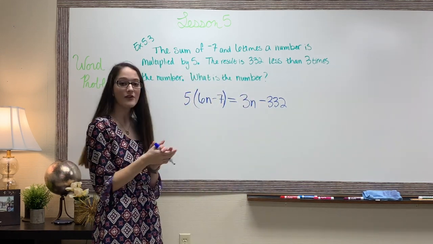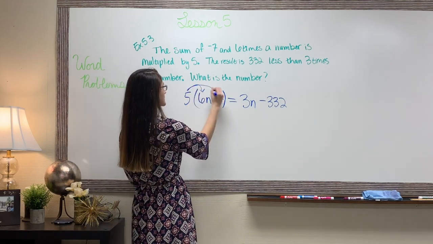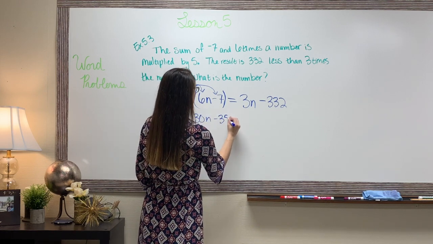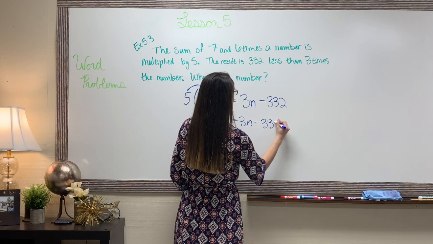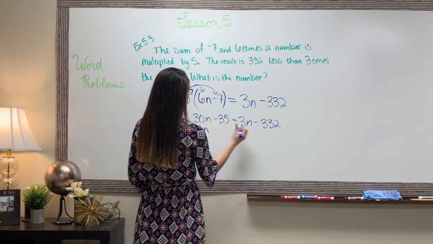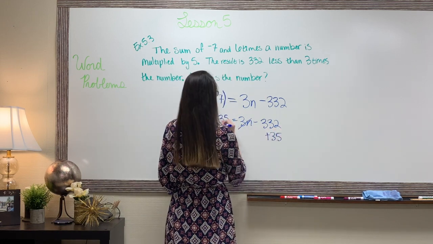Okay, so we have our setup, and now we just need to multiply it out and distribute and solve. So we're going to have 30n minus 35 equals 3n minus 332. We're going to move this over here, so minus 3n, and move this over here, so plus 35.